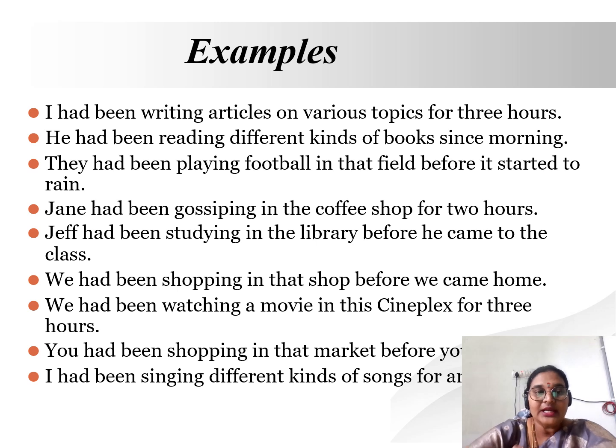If we observe all these examples, we can understand that the action started in the past, continued for a period of time in the past, as well as they ended in the past. And here also we can take the help of the two prepositions, since and for, and since represents the point of time, whereas for represents the period of time.